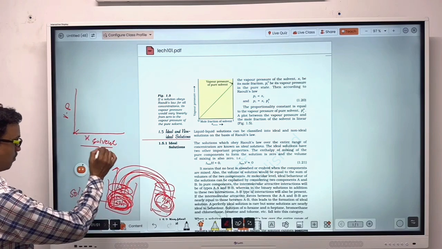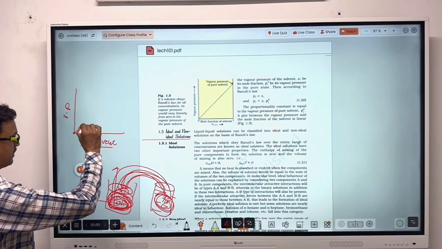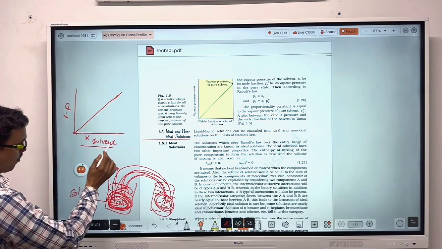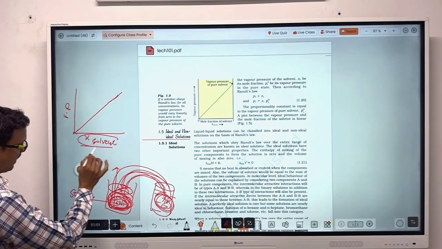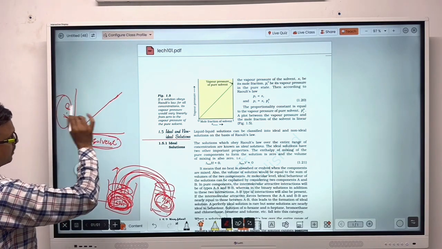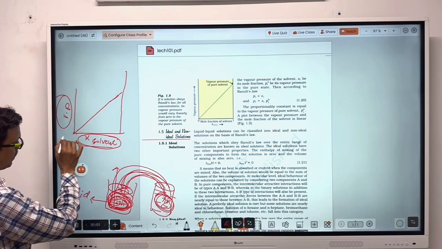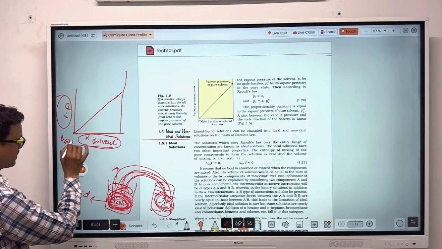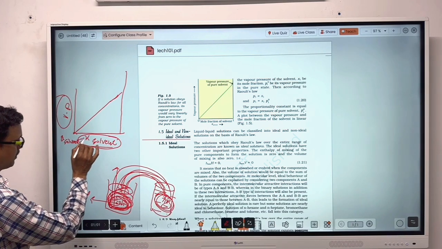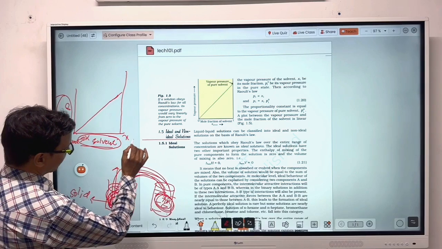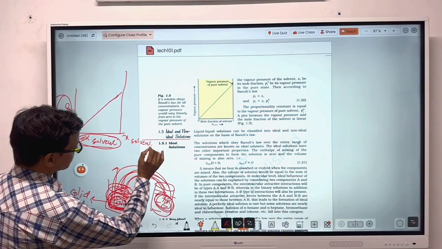Again you add, so the mole fraction of solvent will increase and the vapor pressure will also increase. Finally, the mole fraction of solvent and the vapor pressure are directly proportional. So here the mole fraction of solvent is 0, because there is no liquid particle, and here the mole fraction of solvent is 1.